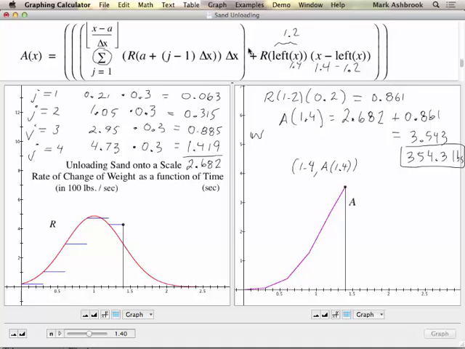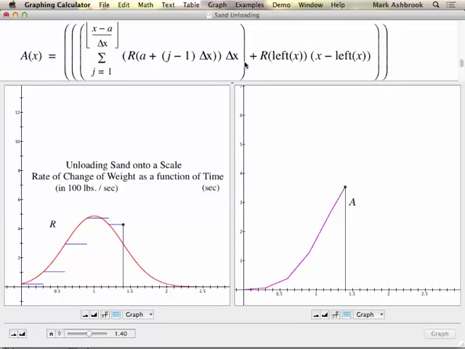Any questions on this approximate accumulation function? Super important. So we finally want to get to the actual accumulation function.